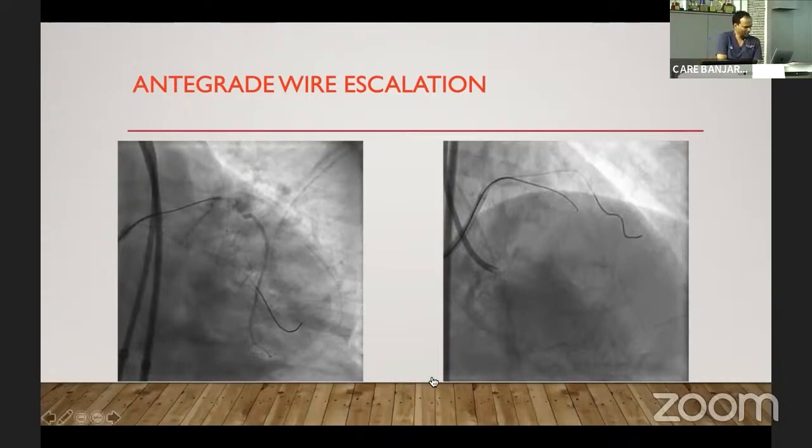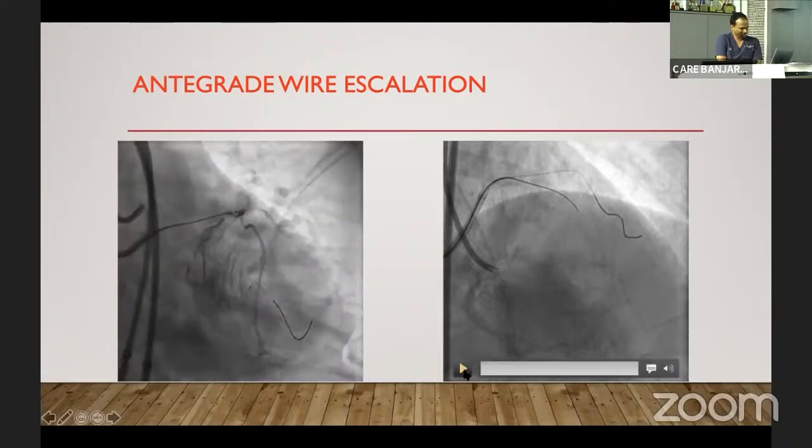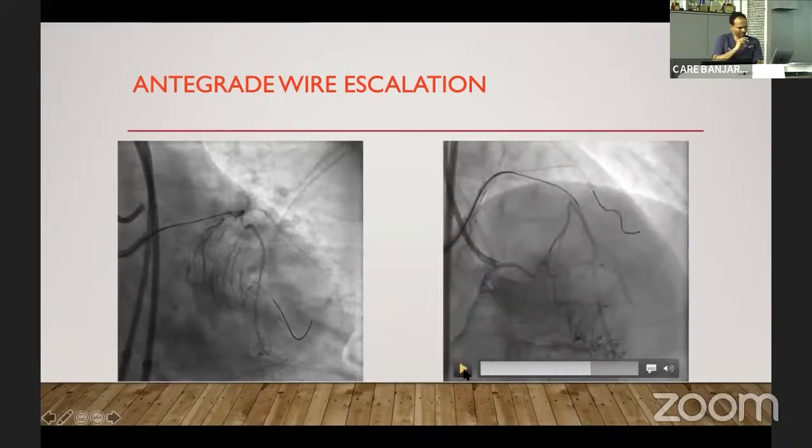So what is important here is, once you reach the distal cap, from then on, every 1 millimeter, you have to make sure where your wire is, okay? And you have to make sure where your wire is in 2 orthogonal views. It's not in one view. So to understand the wire and distal vessel relation, you need 2 orthogonal views.